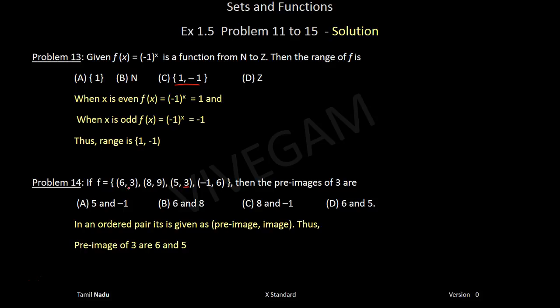And in this case, it is 6. Therefore, the pre-images of 3 are 6 and 5. So that is option D. Please remember this: in an ordered pair, it is always given this particular way, pre-image followed by image.